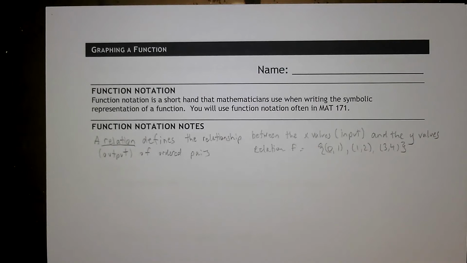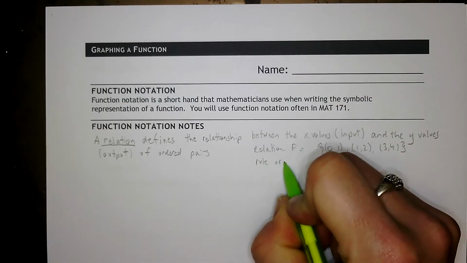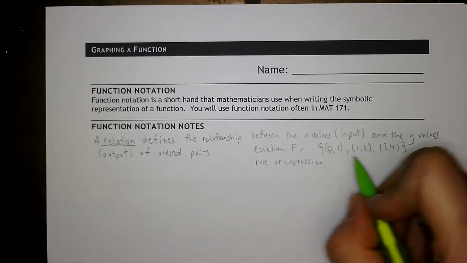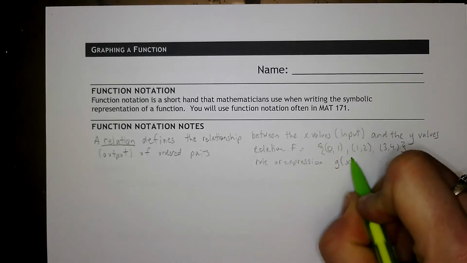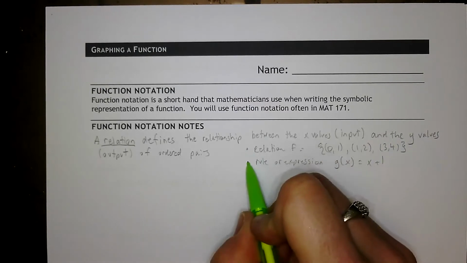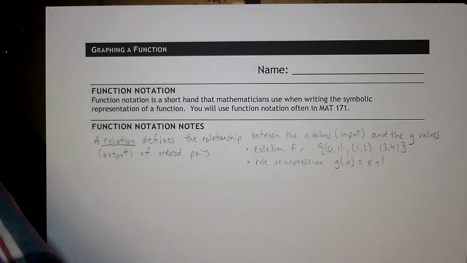Another type is an actual rule or expression, such as, and I'm just going to make this up, g of x is equal to x plus 1. So there are two types. They can either be ordered pairs or an actual rule or expression.